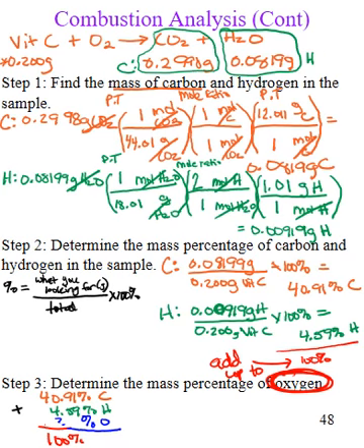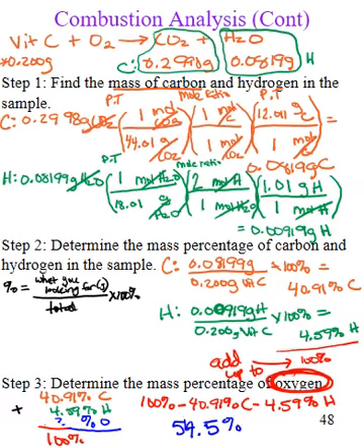Well, basically you're just going to be subtracting. So you're going to take 100% minus 40.91% of carbon minus hydrogen, and that will give us our percentage of oxygen. 54.5%.